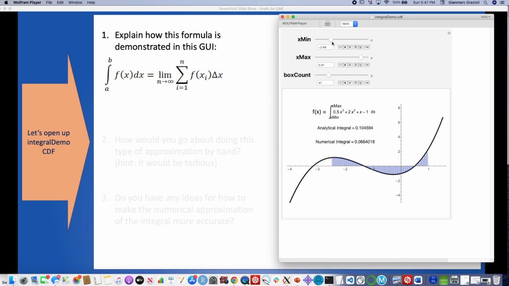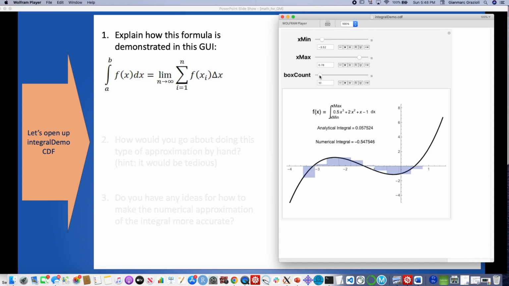So hopefully you have developed some intuition for what these sliders are doing, right? So x min, x max. So that sets the limits of integration. What's my x min? What's my x max? Right? So like the equation on the left here, x min would be A, x max would be B. And then if we look at box count, if I leave x min and max where they are and I move box count, see these rectangles under the curve here, or between the curve and the x-axis.